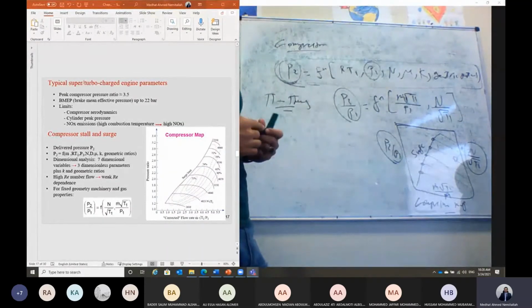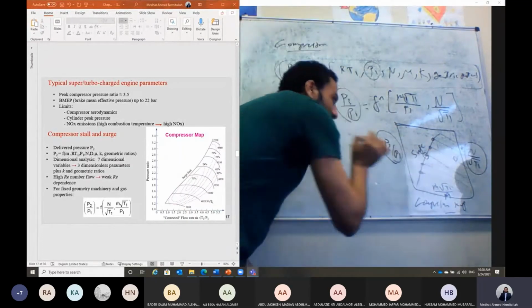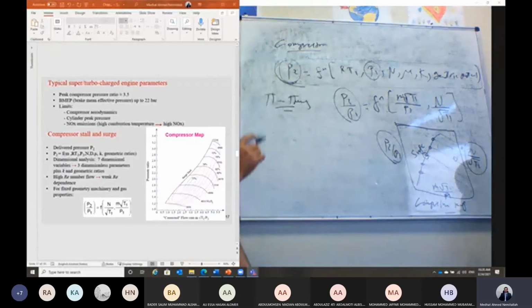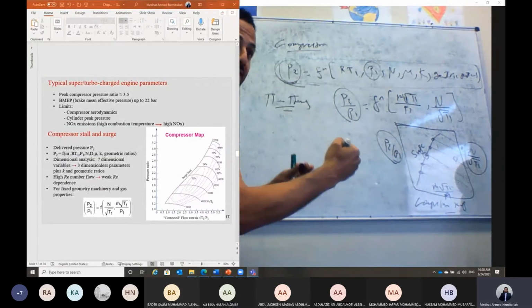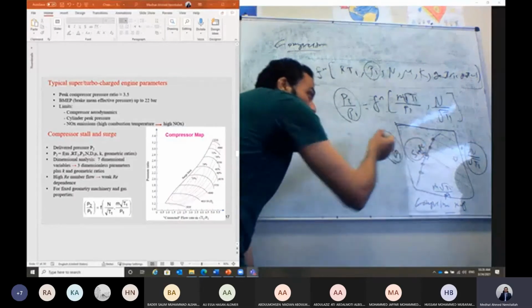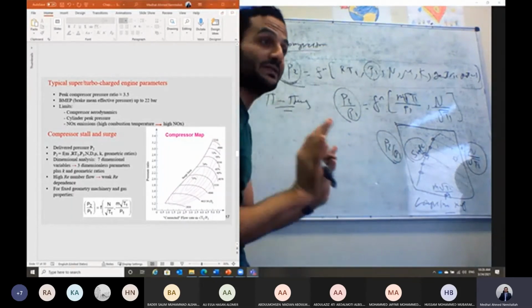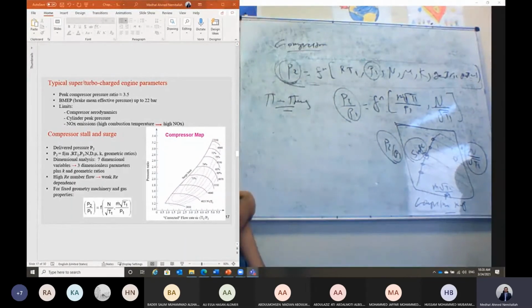So at any operating speed, the mass flow rate should be not less than a given value. If the mass flow rate of air is less than this value, a flow surge or flow reversal will happen. The flow will be reversed, and the whole system will stop operating.